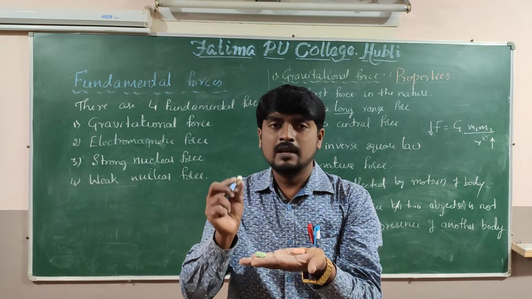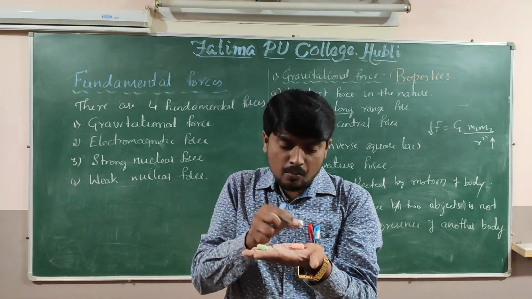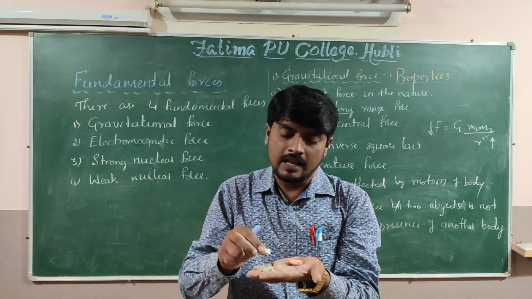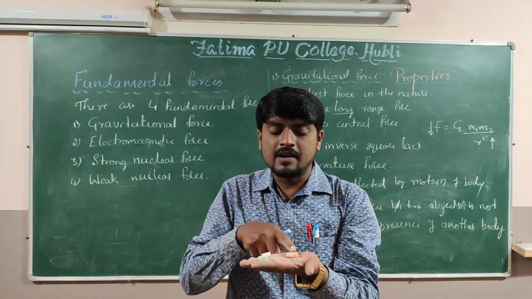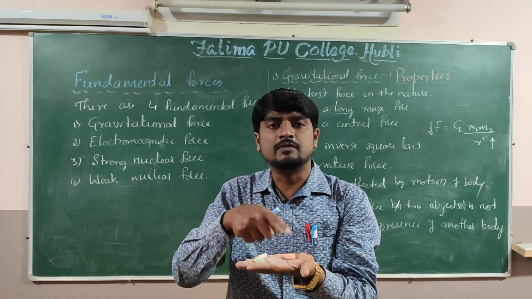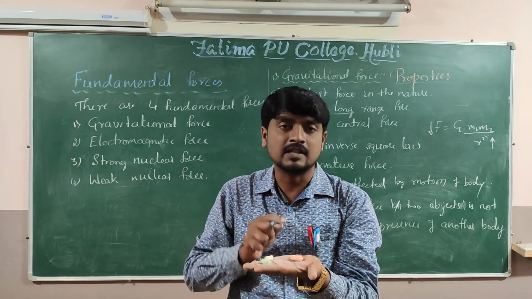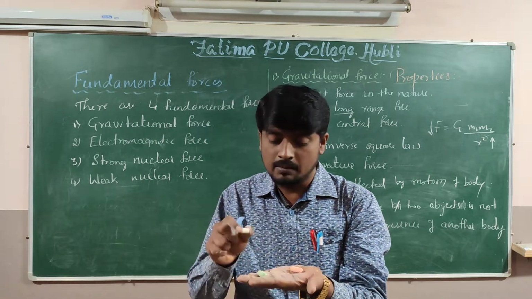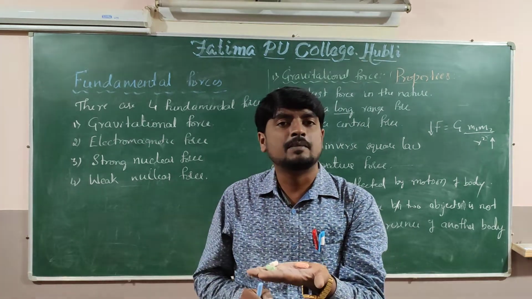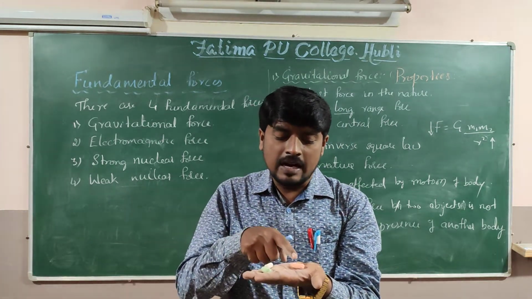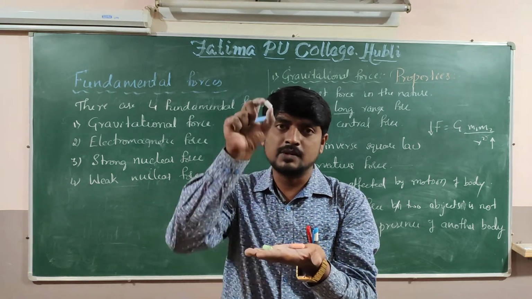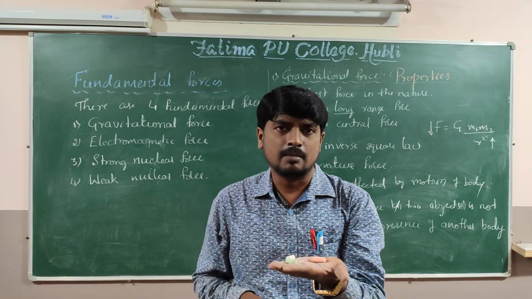Now, if I place another object in between or nearby at any point, the gravitational force between these two objects will not be affected by the presence of this other body. If I remove it, the gravitational force remains the same. If I keep it, the gravitational force remains the same. That means the gravitational force between two bodies will not be affected by the presence of another body nearby.